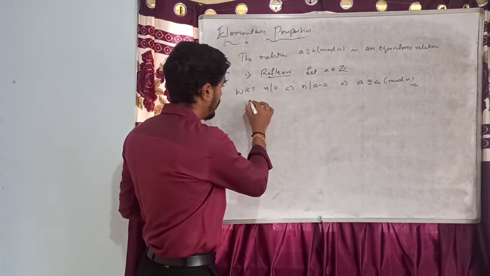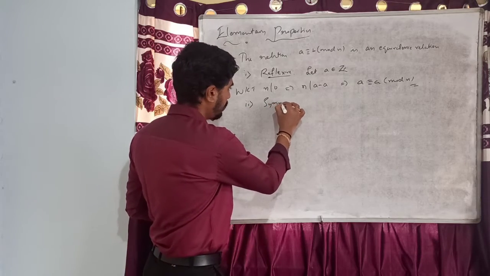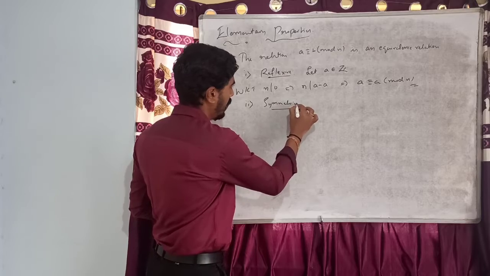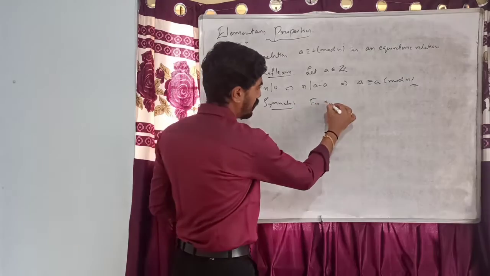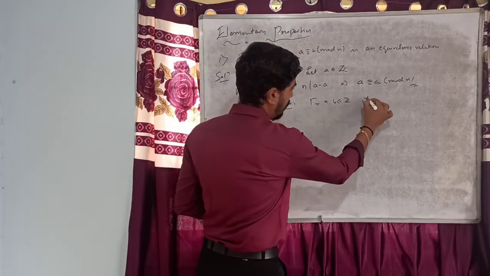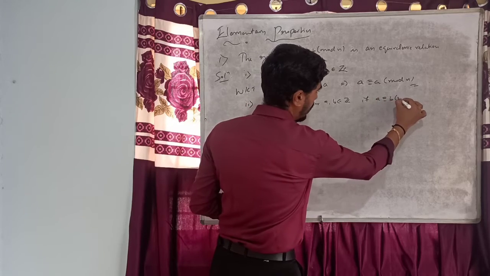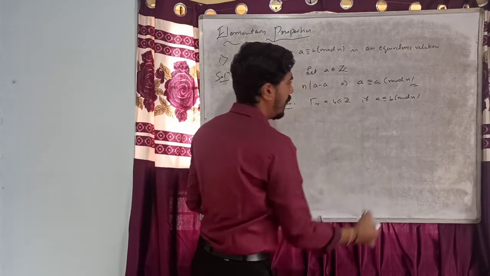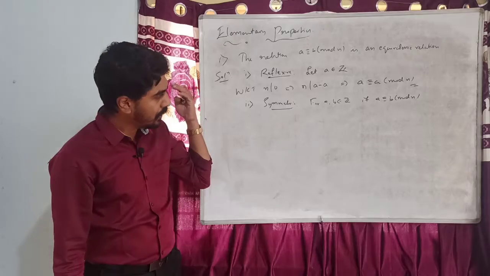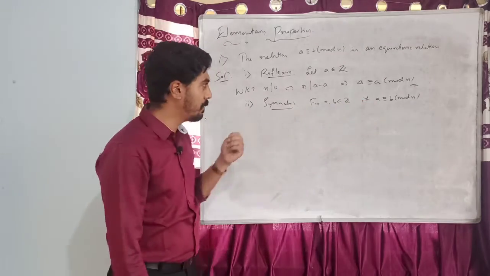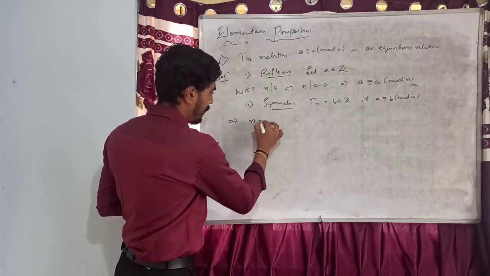Next, to show that this relation is symmetric, suppose for a, b belongs to Z, if a is congruent to b modulo n, then by the definition of congruence we have n divides a minus b.